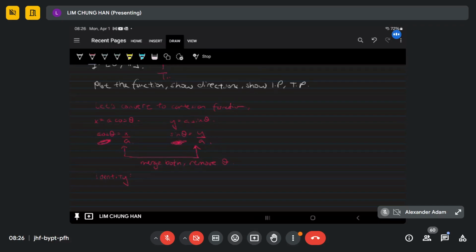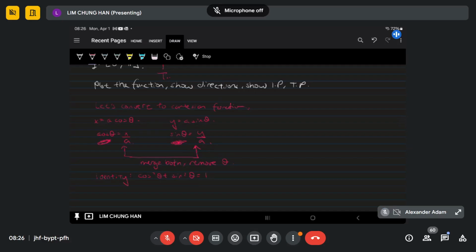I mentioned that one just now, actually. There's one that says cos squared theta plus sine squared theta equals 1. Correct? There's one like this, right?